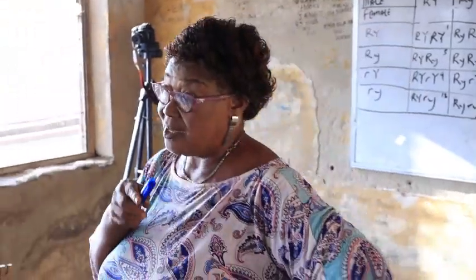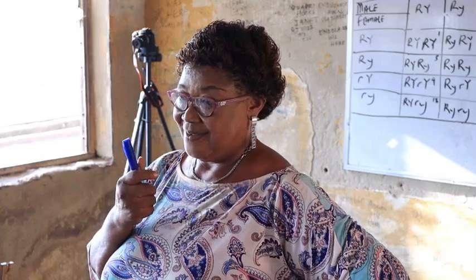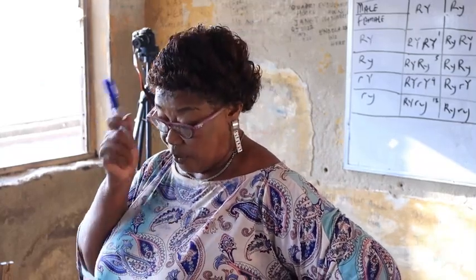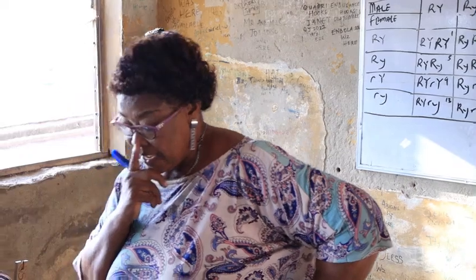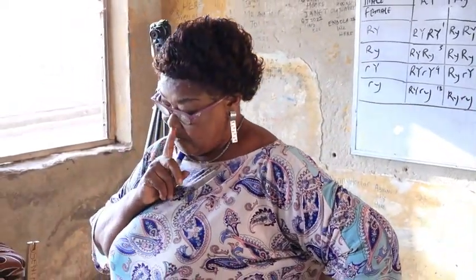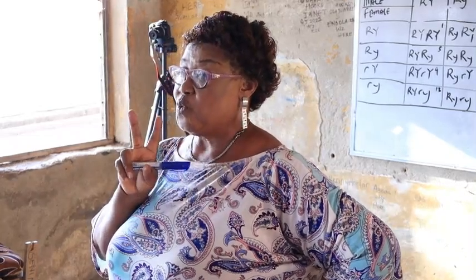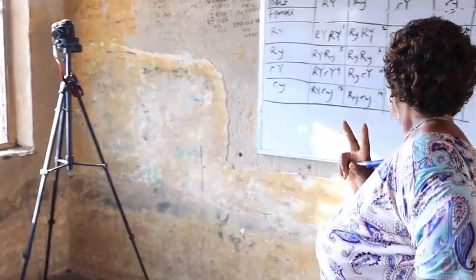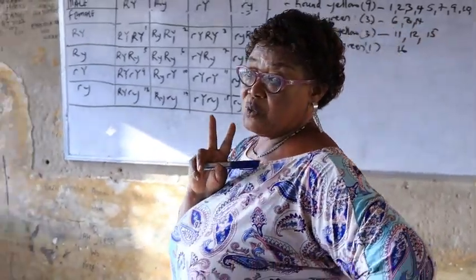Leave your note and check it on the board and give me the answer. Then the next one: 2 are heterozygous for round and homozygous for green. Which ones are those?